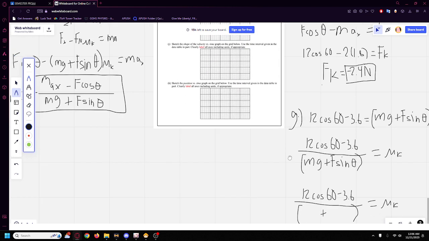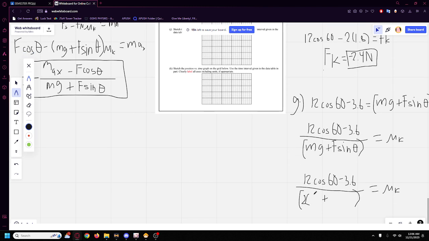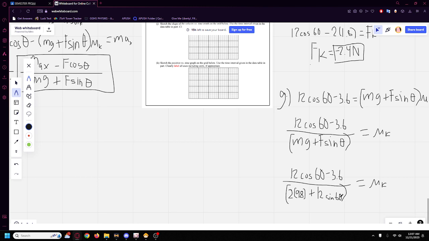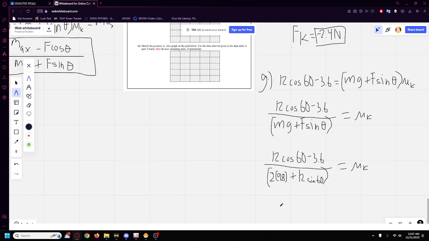The mg is 2 times 9.8 plus 12 sine 60. You plug that into your calculator. Mu k is equal to 0.08.